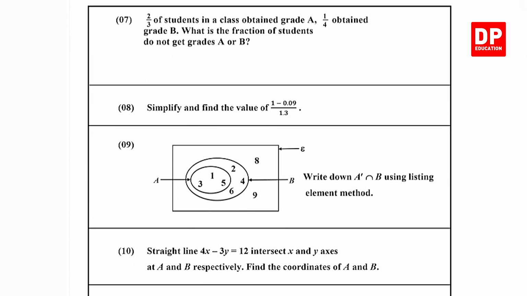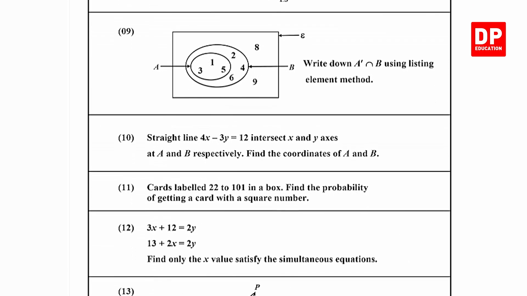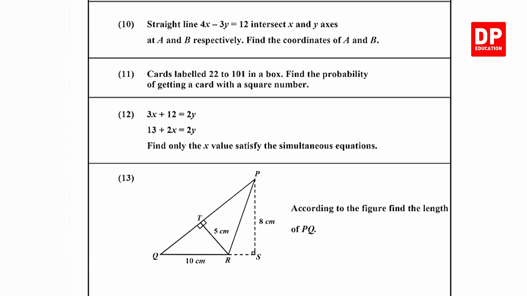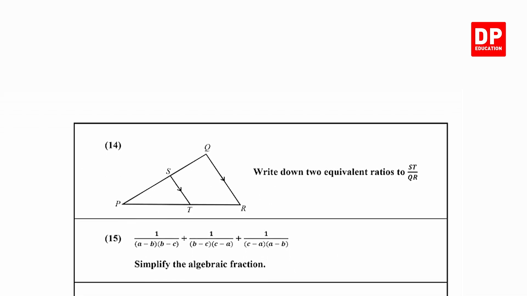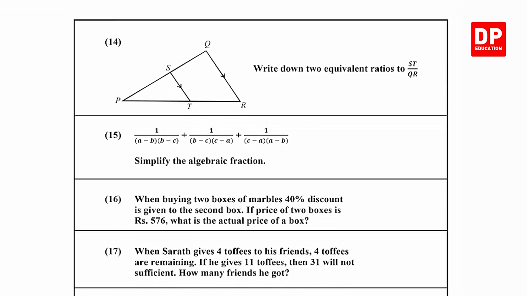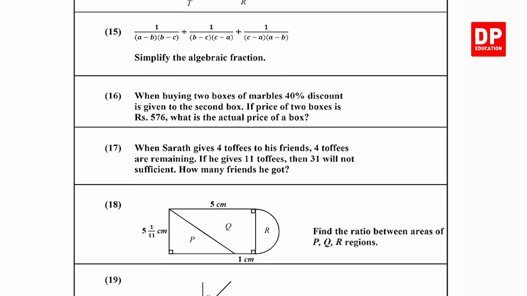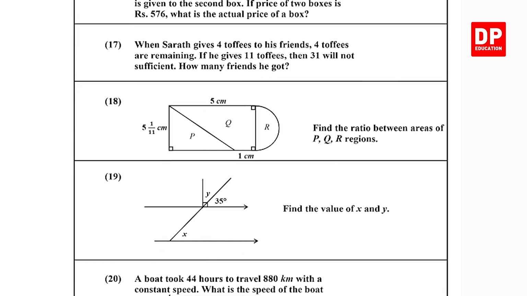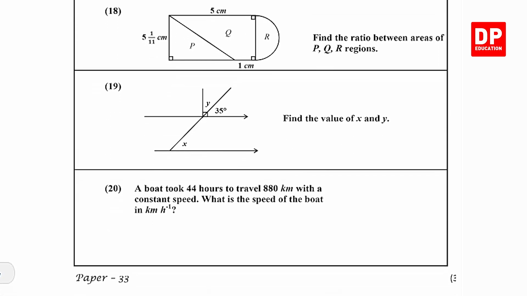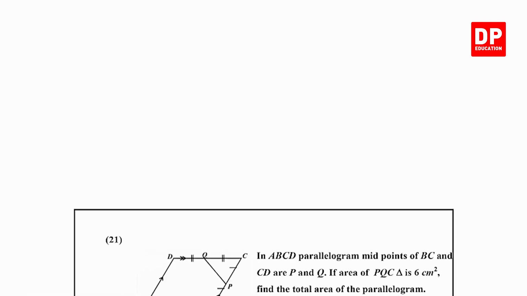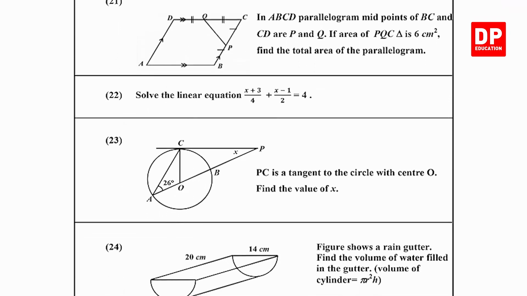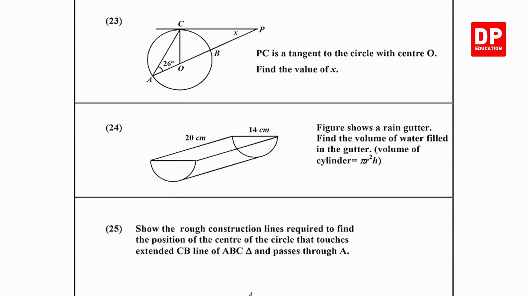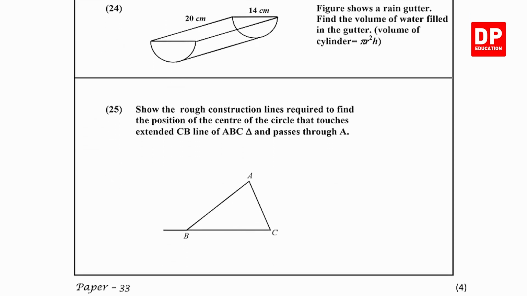On the third page, you get questions 14 to 20. And the last page, 21 to 25.